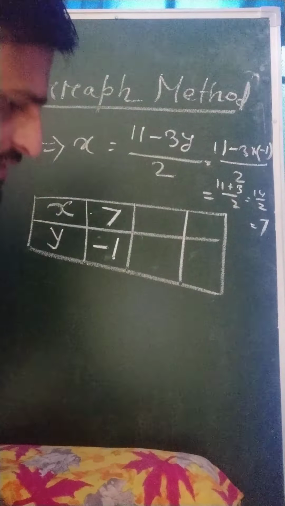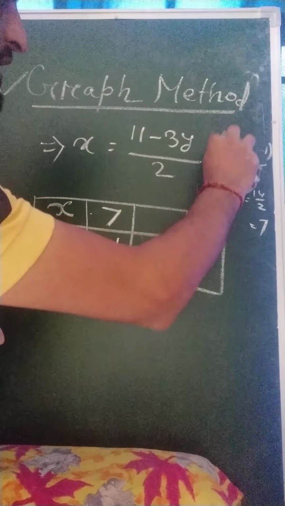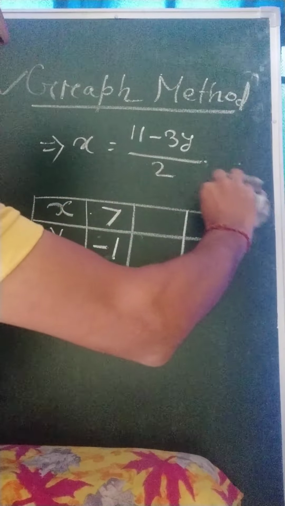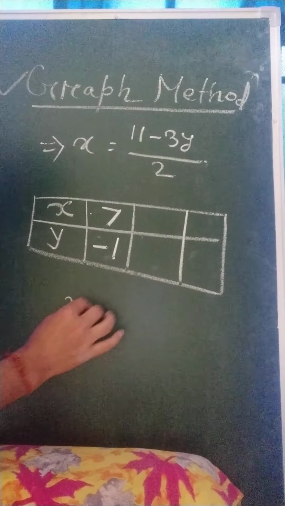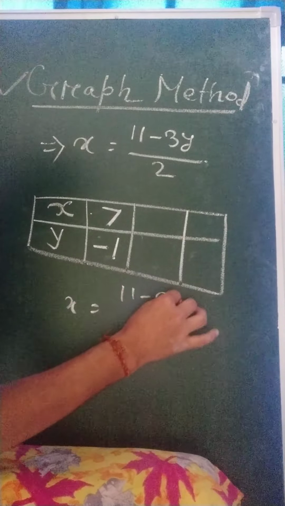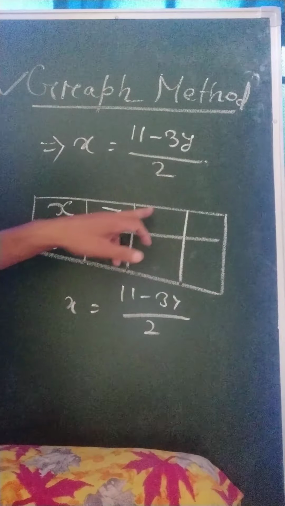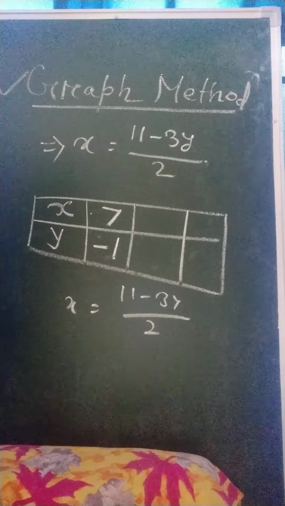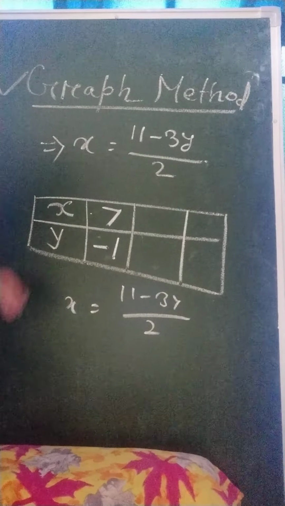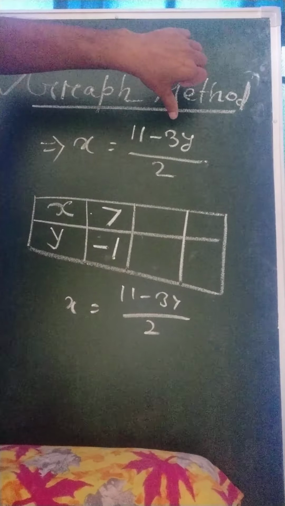Whatever I have done is rough work, students, and you have to do it in your rough copy. Next, students, x equals 11 minus 3y divided by 2. What other value? Because we need to fill two boxes again here. So what other value are we going to fill so that we can find the answer very easily? If you observe here, students, it is 3.